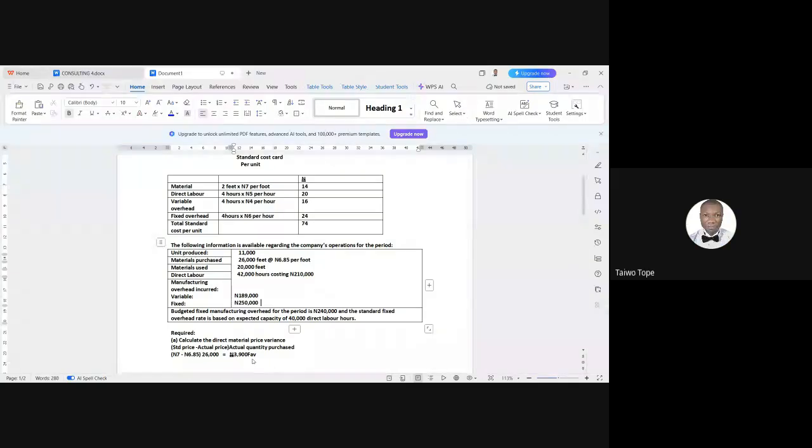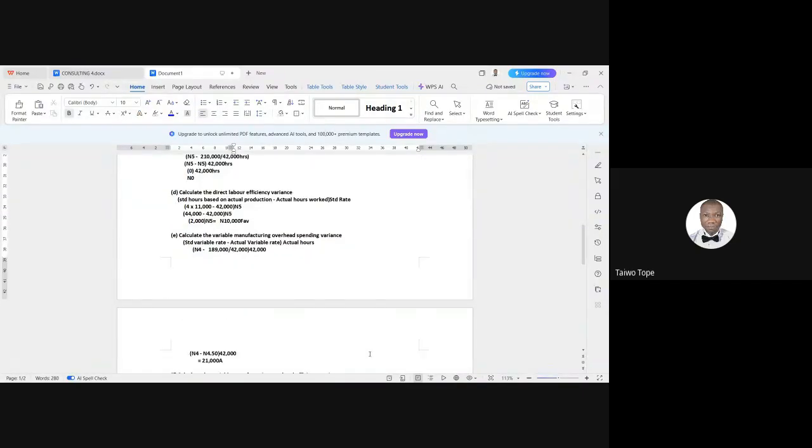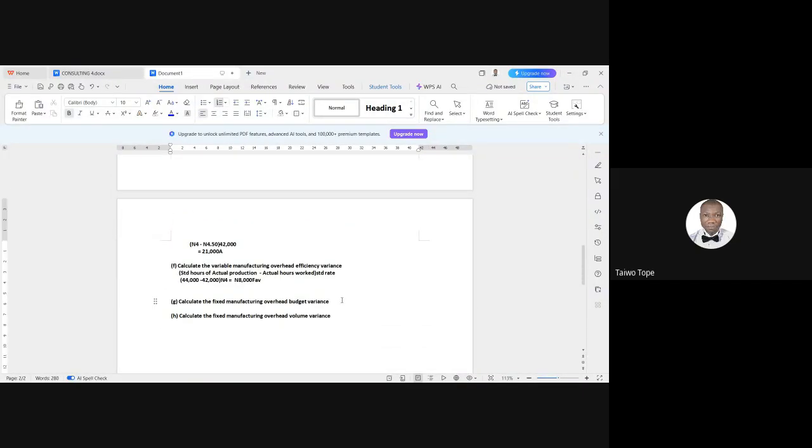Yes, both are correct, and I can see Madam Juliet wrote up that 10,000 adverse. Madam Macaulay, I hope you have the formula from the last class. So, to get our fixed manufacturing overhead budget variance, the formula you said is what?